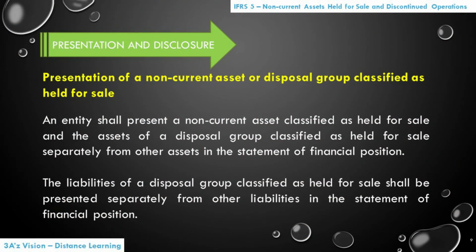Presentation of a non-current asset, or disposal group, classified as held for sale. An entity shall present a non-current asset classified as held for sale, and the assets of a disposal group classified as held for sale, separately from other assets in the statement of financial position. The liabilities of a disposal group classified as held for sale shall be presented separately from other liabilities in the statement of financial position.